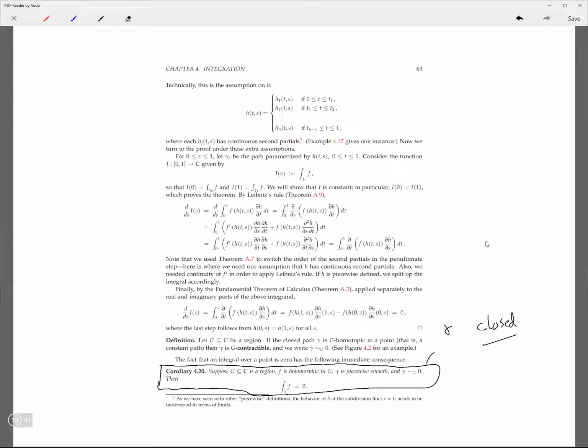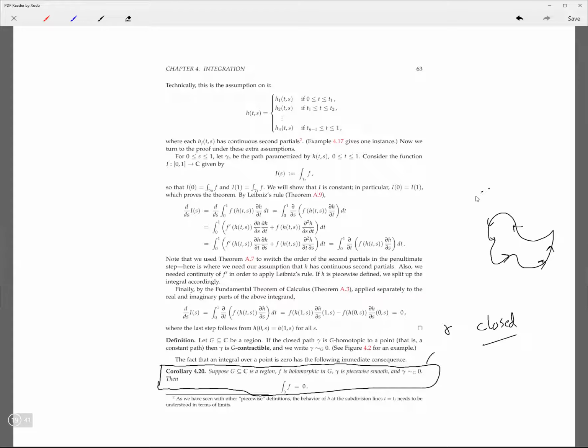So gamma is completely inside of G, and then f is holomorphic in G also.